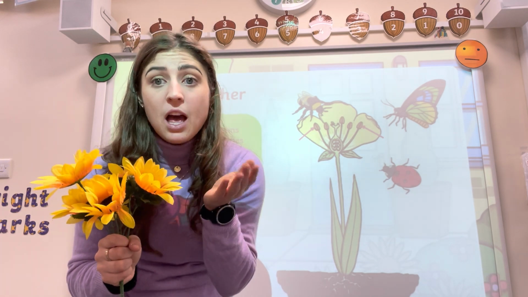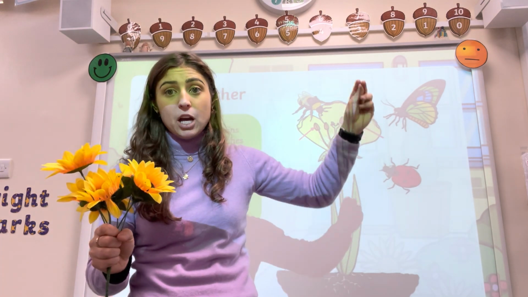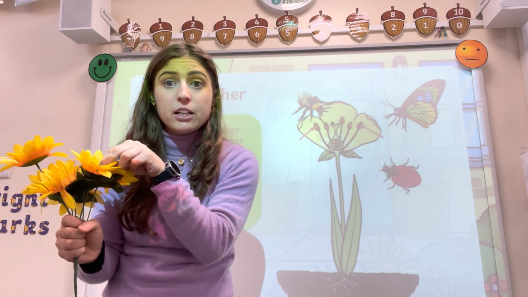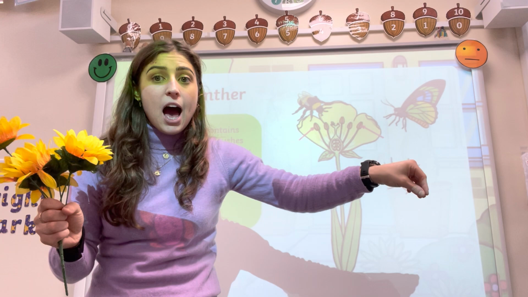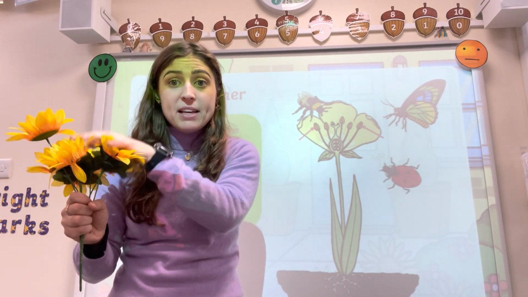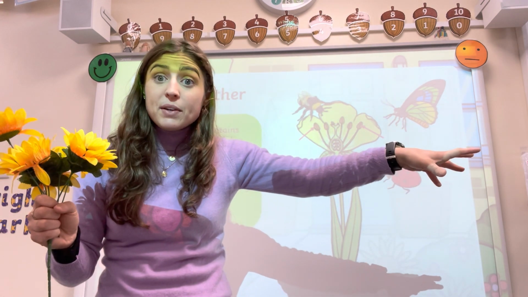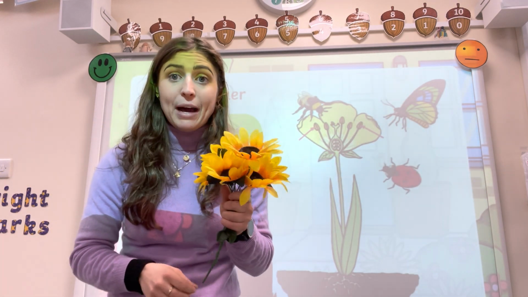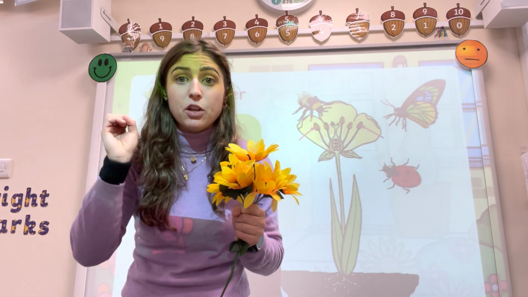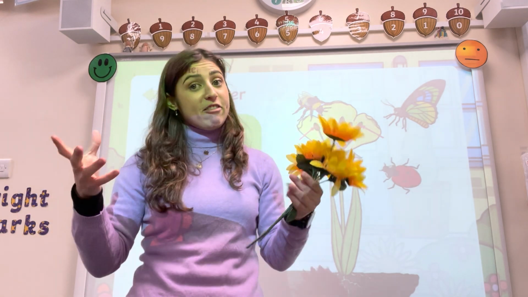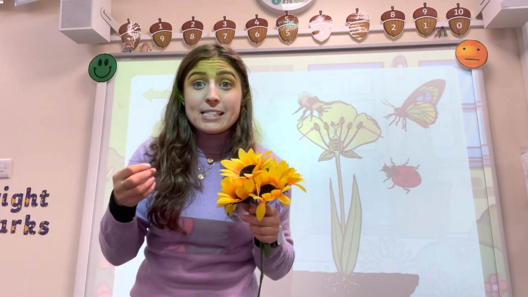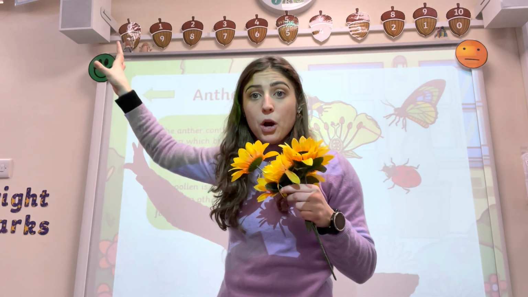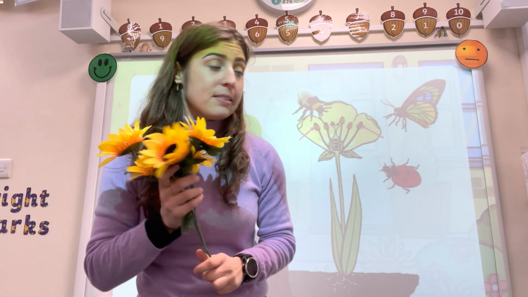And what happens is that the bee will go bzzz, pick up some pollen and then go bzzz, and take that pollen from this flower to another flower, and that's how they share the pollen across all the flowers and plants, okay, just by landing on them. And remember, the pollen helps make seeds so that when the plant is big enough, the seeds will go on their own way and make their own plants.